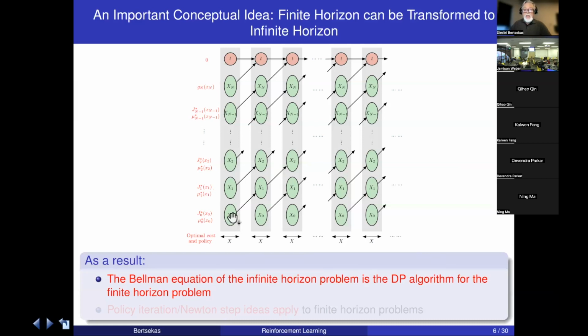The control space is obtained by looking at controls that are available at each state here. And the transition function, the system function, is the one of the finite horizon problem and takes us from X0 to X1, from X1 to X2, and so on.